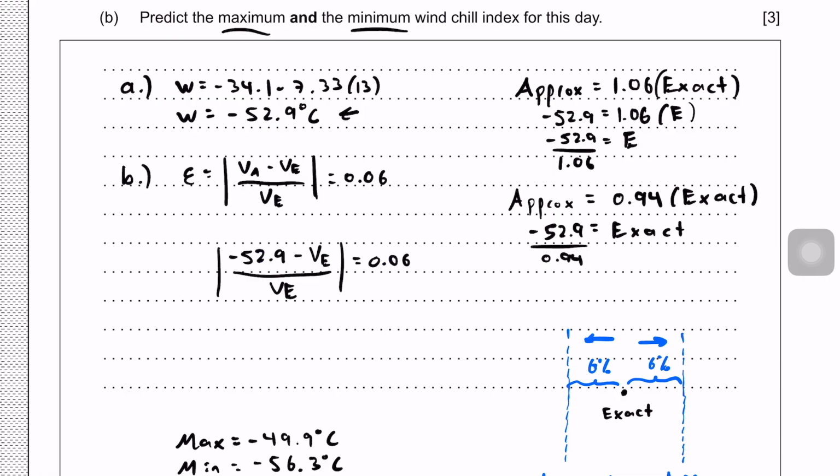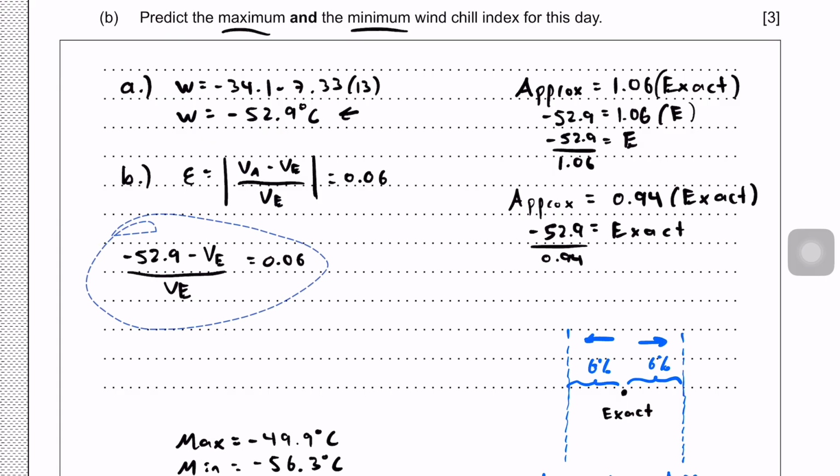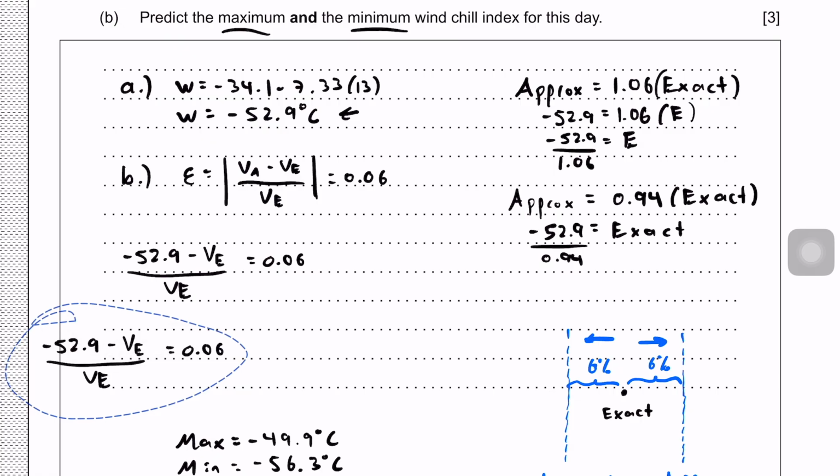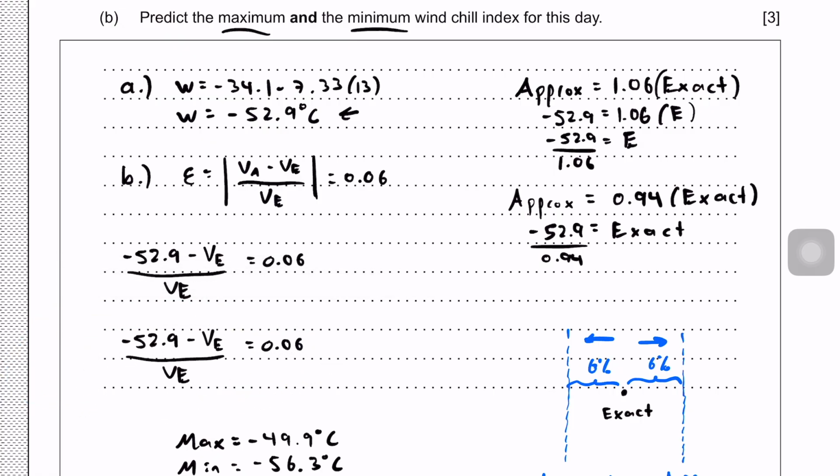So what does that mean? We can take away the absolute values as long as we say the difference between the approximate and the exact could have been positive, or the difference between the approximate and the exact could have been a negative difference, because the absolute values take away the positive and the negative, so they kind of obscure it in some sense.